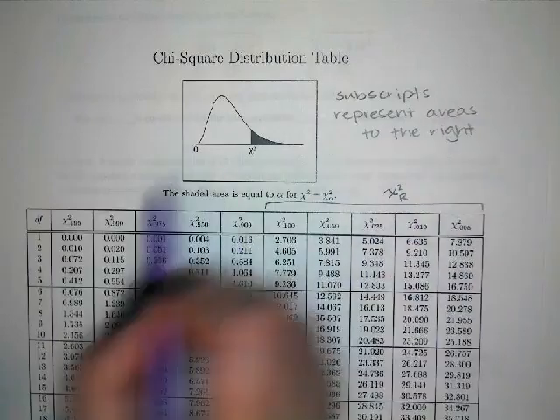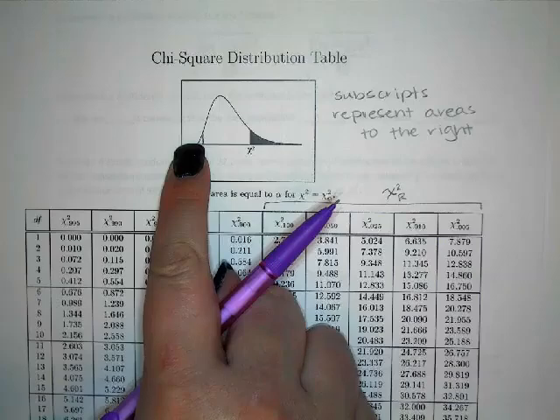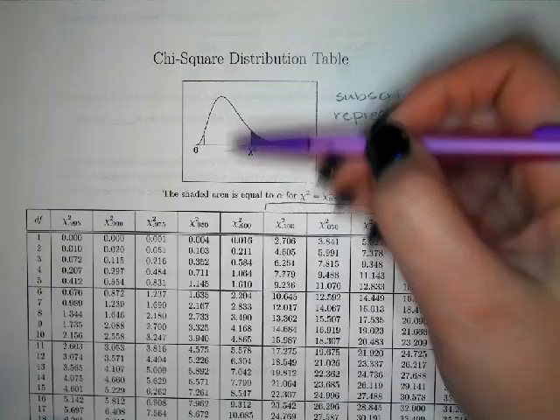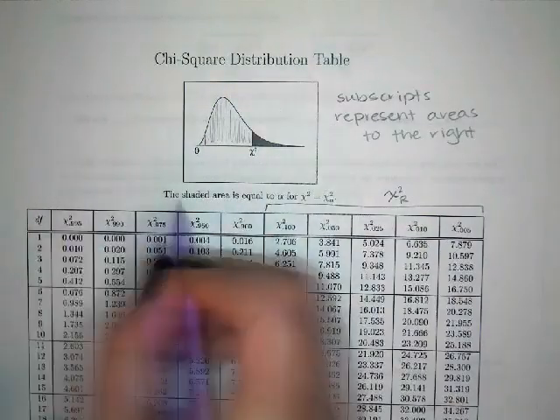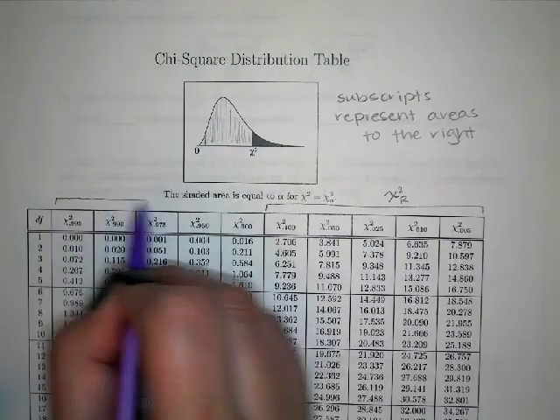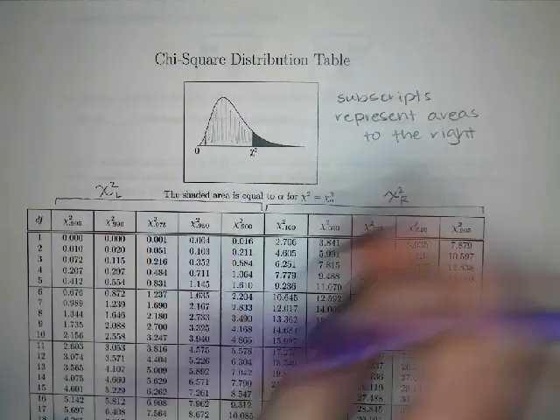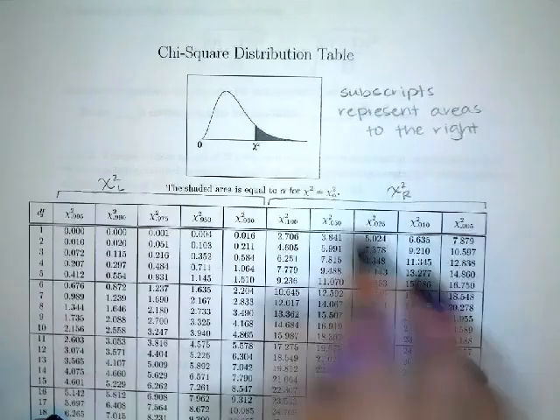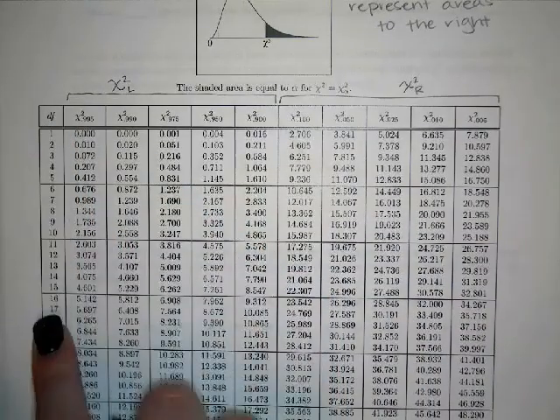Over here, these values are going to be from the left tail, but since the left tail over here measures an area from the right, then the left tail would really be this whole shaded region like this. And so these represent the left tail critical values, so chi-squared sub L. So to read these, we're going to have a left tail and a right tail critical value. We're always going to have one of each. And we need to know the degrees of freedom, which is just one less than the sample size.